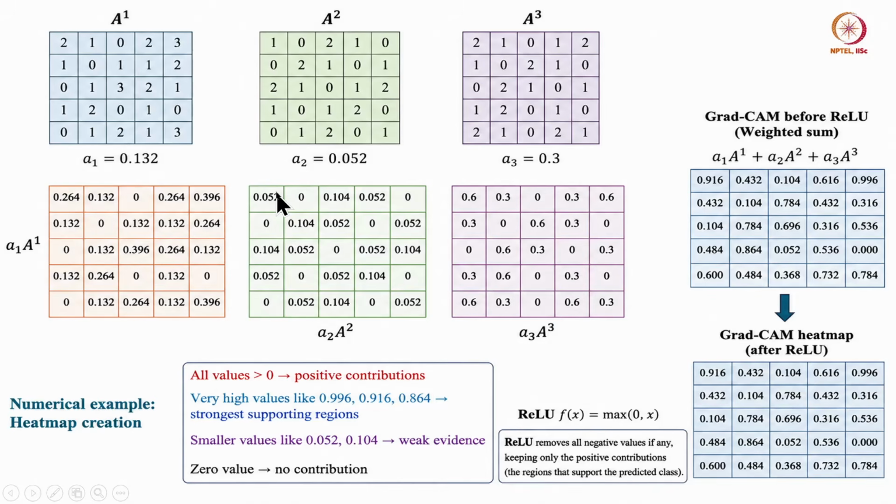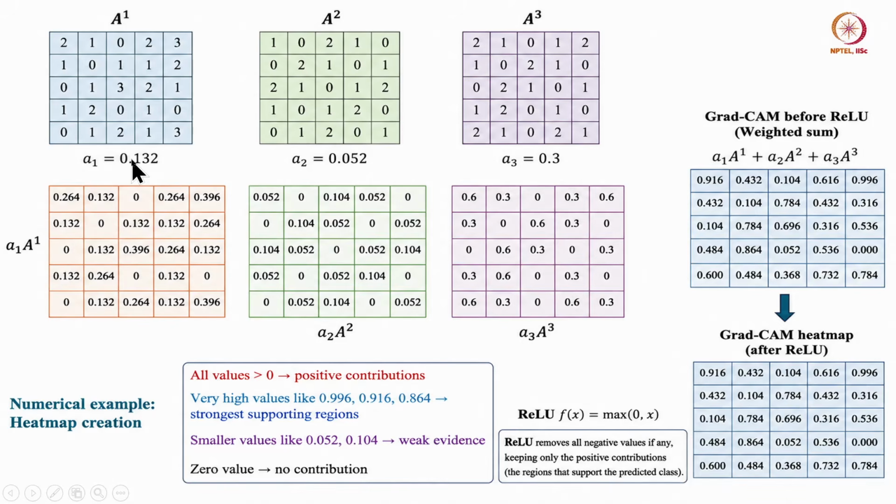Let us look at it numerically. We know A1, the values of A1 and A2, A3. And small a1, which is nothing but the gradients, we also know: 0.1, here it is 0.05, here it is 0.3. Now what we have to do is perform multiplication.